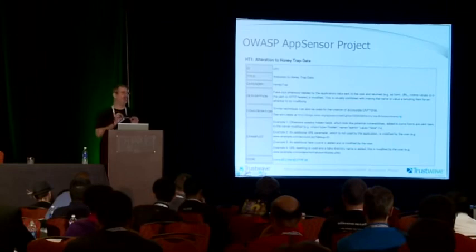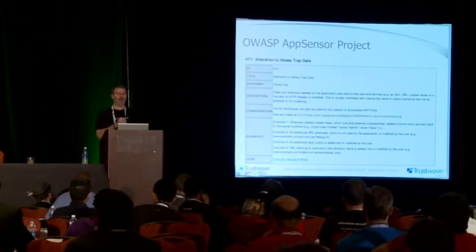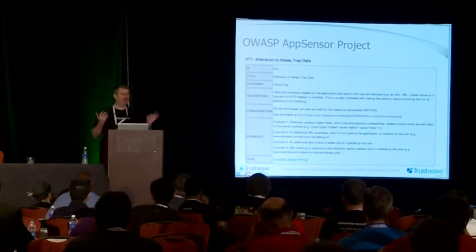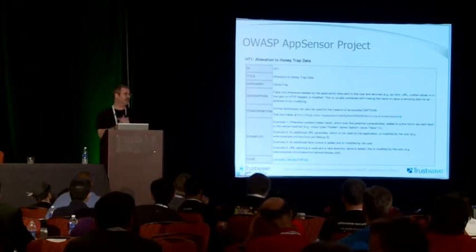We want to alter some of the HTML and things going back to the client and seed it with deception points and traps, saying, okay, if somebody messes with this, we know you're up to no good because a regular user would never mess with this. What's nice about that is essentially zero false positives. If somebody messes with this, they're up to no good, then you can take certain actions against them.